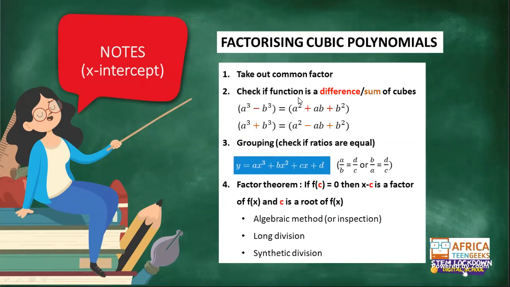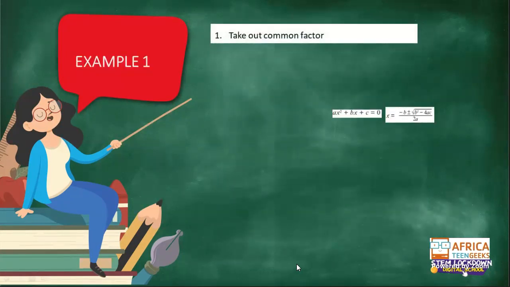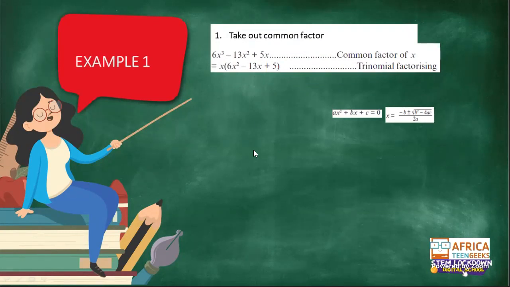So there's a general formula that you can use to factorize your cube, and then also by grouping or the factor theorem. Okay. So let's say, for example, you're given this function.